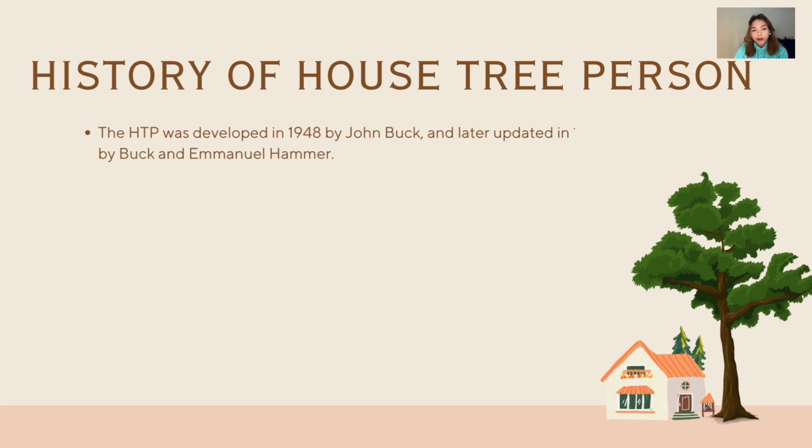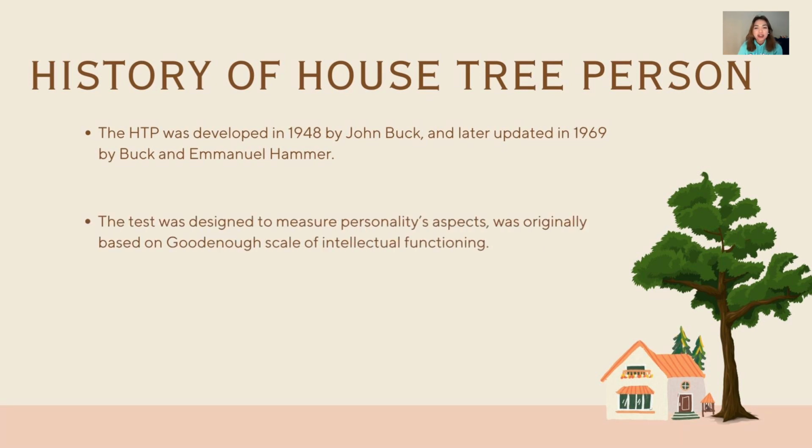So House Tree Person, also known as HTP, was developed in 1948 by John Buck and later updated in 1969 by Buck and Emanuel Hammer. The test was designed to measure personality aspects, and it was originally based on the Goodenough scale or Draw a Man test of intellectual functioning.